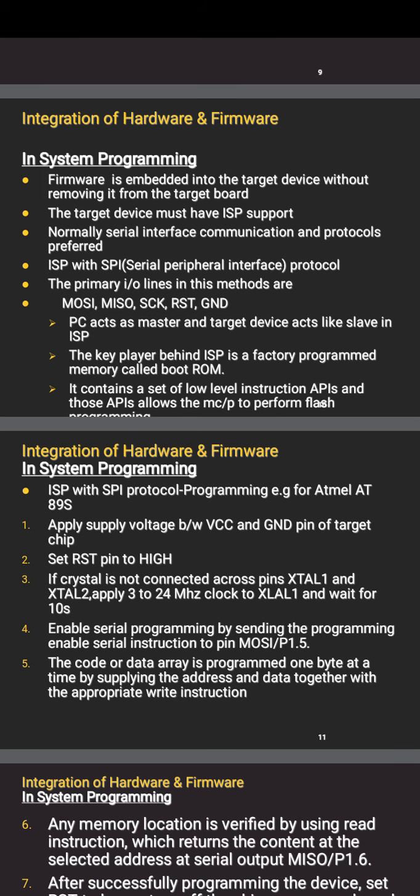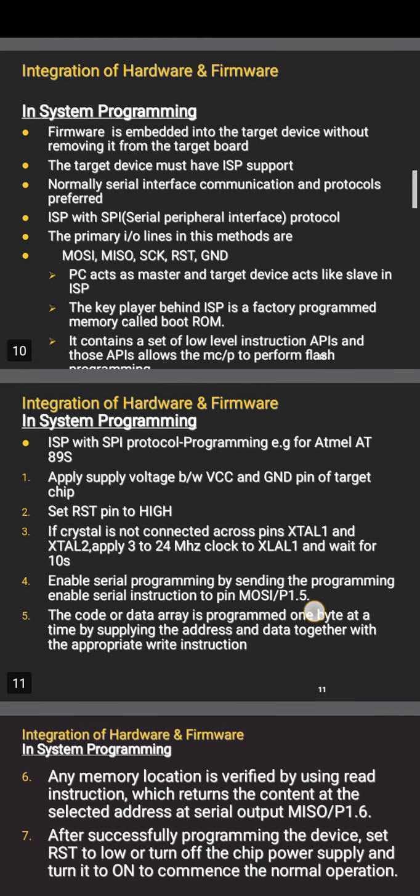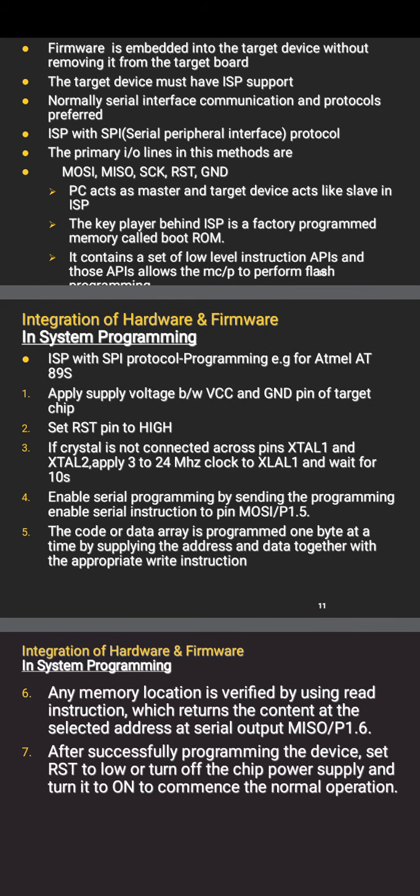After the successful connection between the master and the slave, the data is transmitted. Initially we set the reset pin to high, and after the complete data is transmitted, the reset is set to low, and we can turn the chip power supply off and on and commence the normal operation.